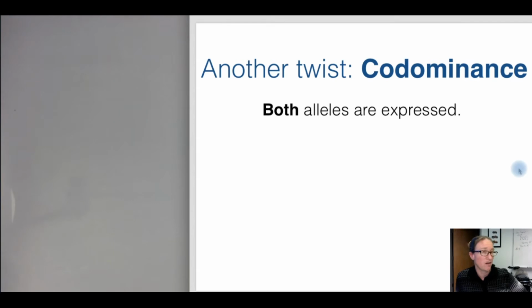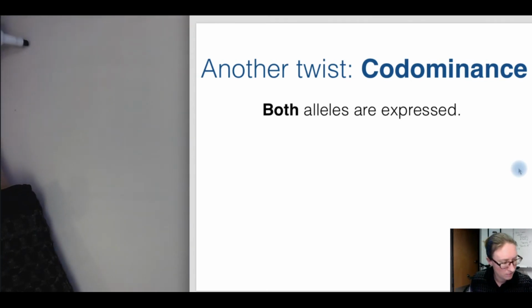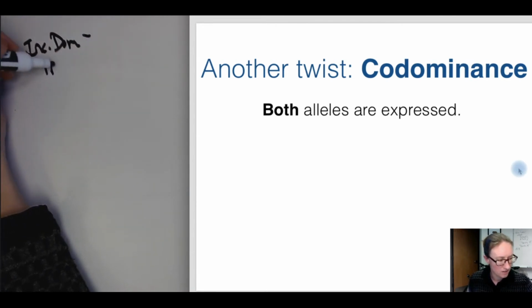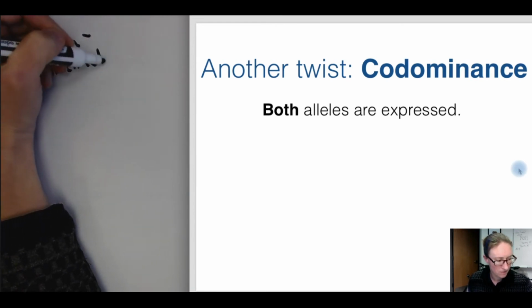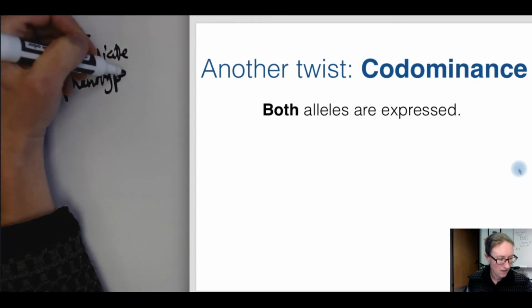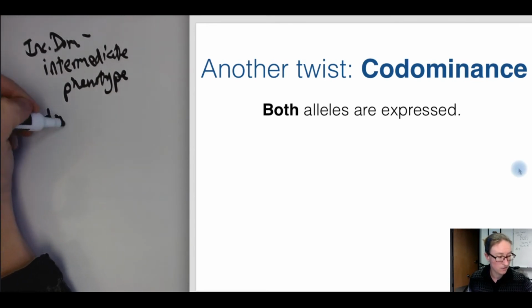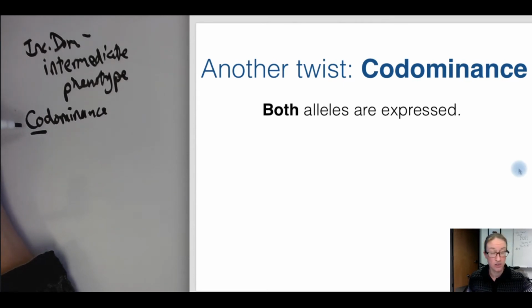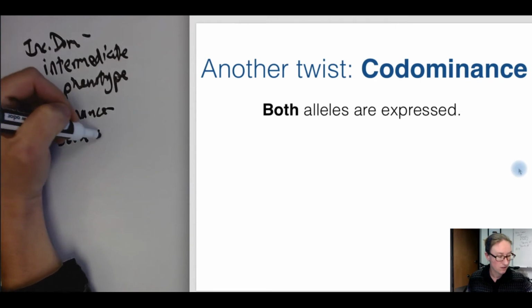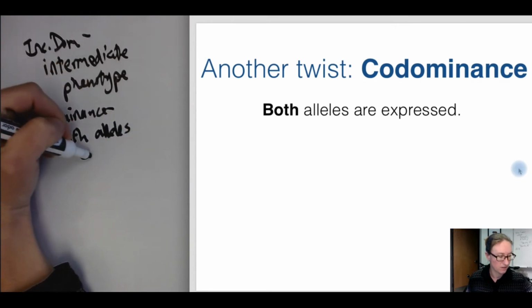There's actually also another type of inheritance to be aware of that's called codominance. And so with incomplete dominance, we get an intermediate phenotype, whereas with codominance, if an individual has two different alleles, both of those alleles get expressed.